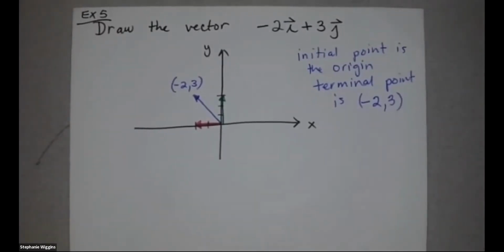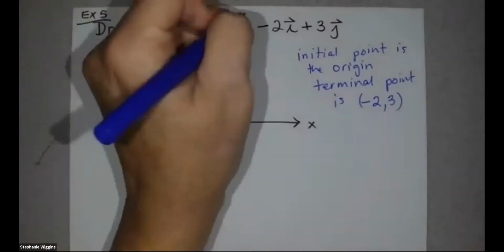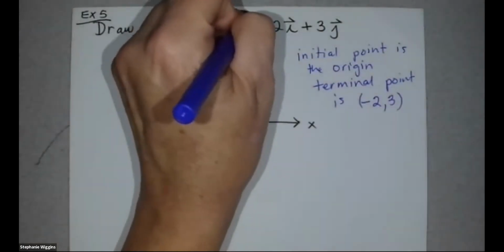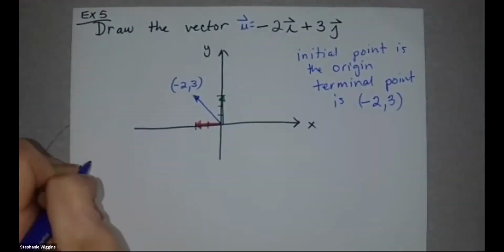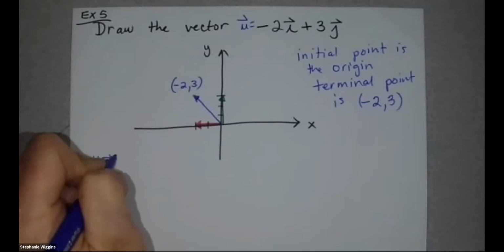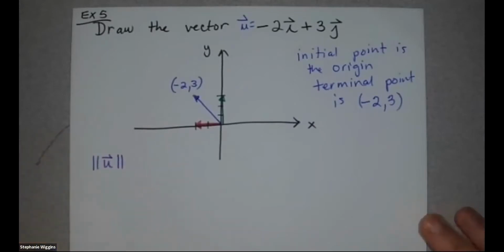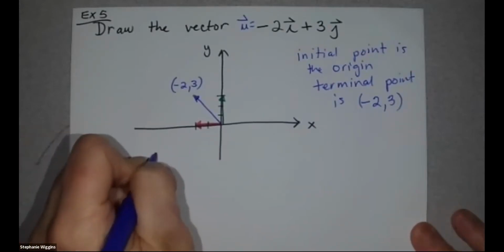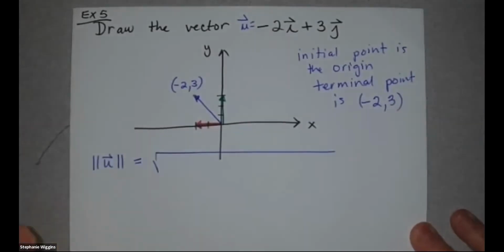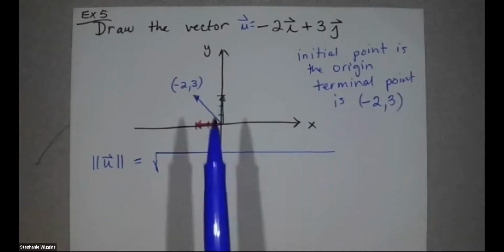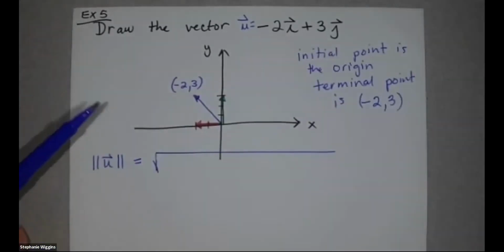Now, what is the magnitude of this vector? We'll call this new vector U, and we want to find the magnitude of U. So you're going to use the distance formula. And I kind of made that really long. I didn't have to do that.